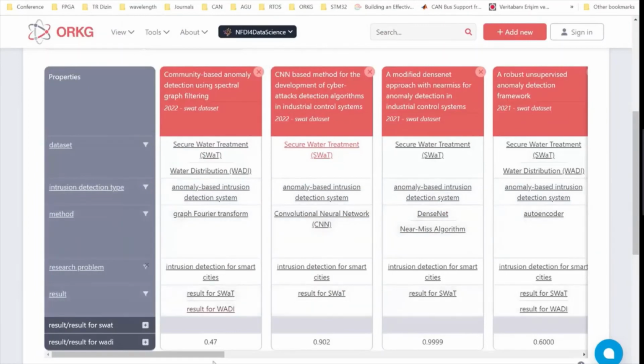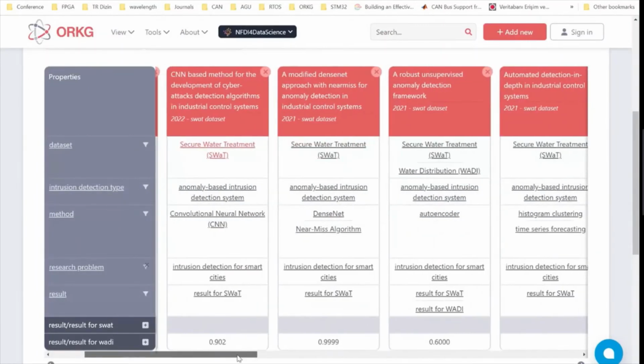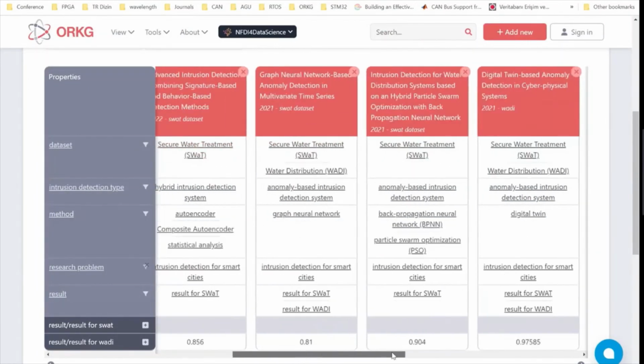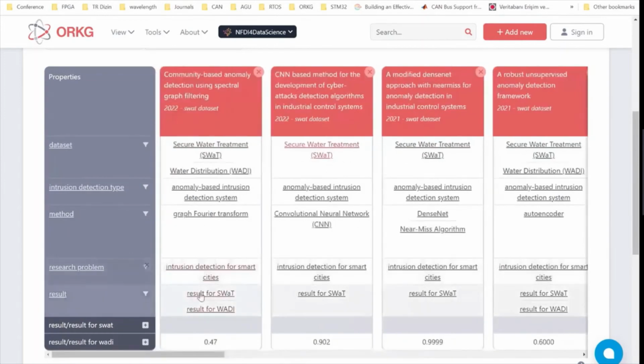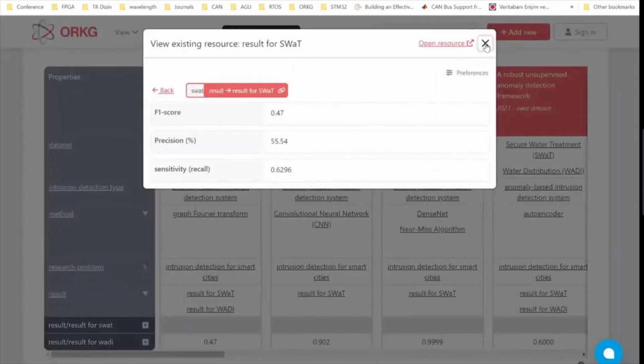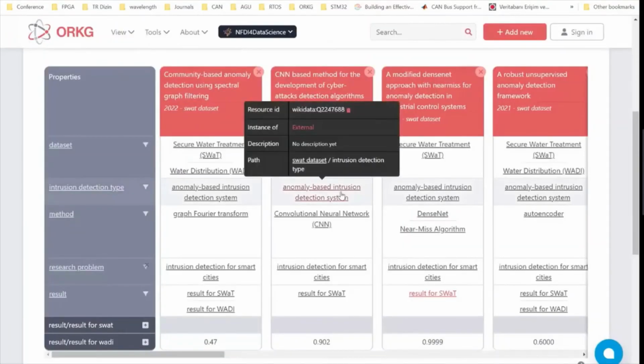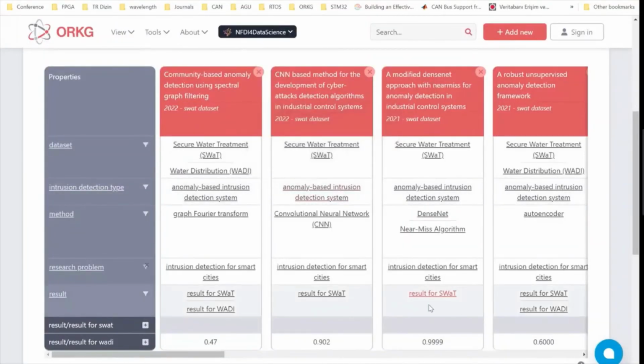And for the methods, we can easily see which methods are used on these datasets and get the results for which paper we want. So it basically has all essential information about the papers, and we can also filter that information and process it according to our needs.